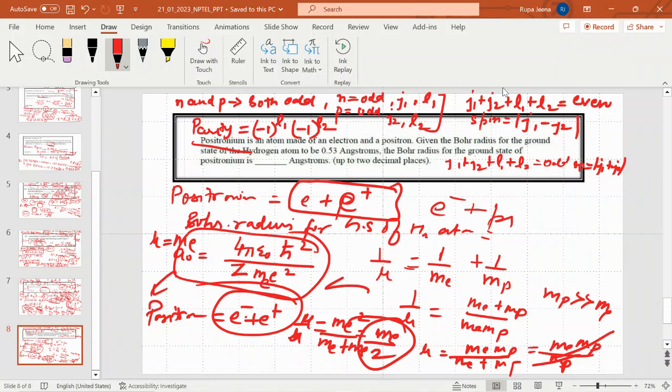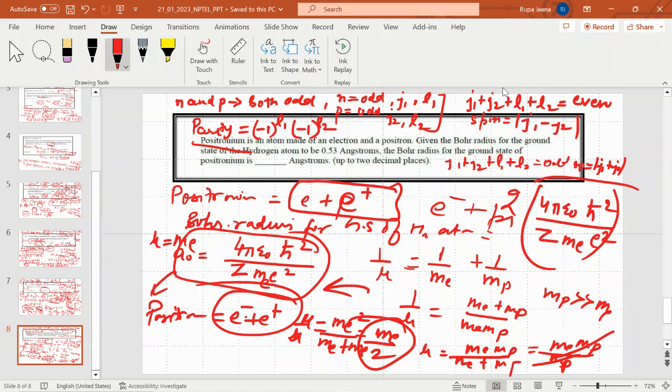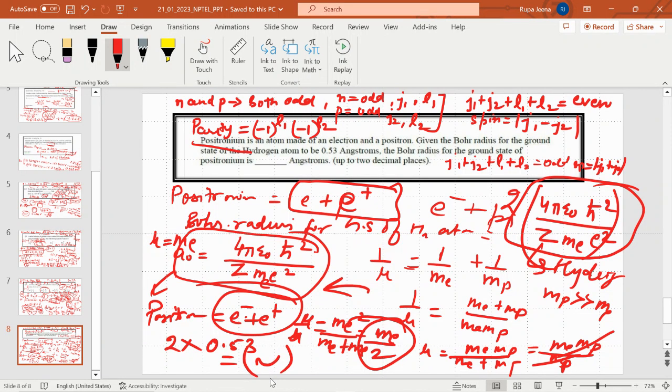When you put the value of mu here, it becomes 4 pi epsilon naught h cross square upon Z me by 2. The 2 goes above, and this is the ground state for hydrogen atom, which is given to you, 0.53. 2 into that will give you the value. Clear?